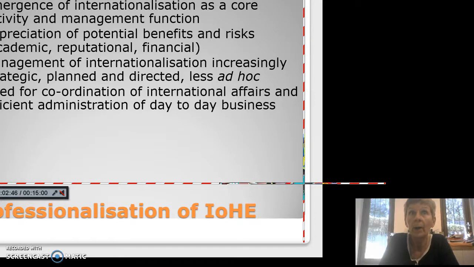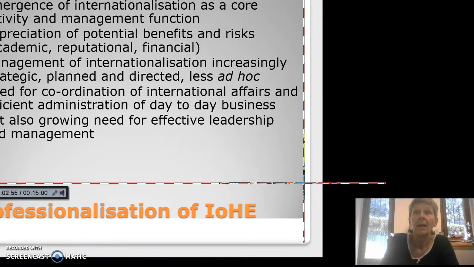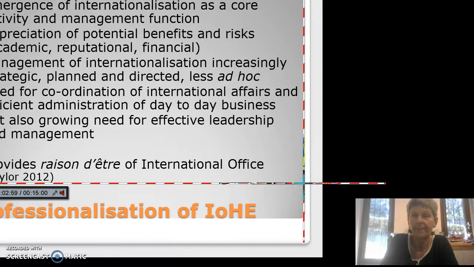They become more aware that there's a need to coordinate international activities and have a more efficient administration, and that they also need more effective leadership and management. And this, to a large extent, has led to what we could consider the raison d'etre of the International Office.